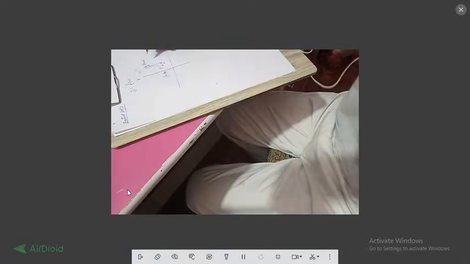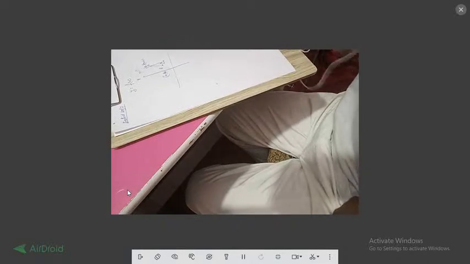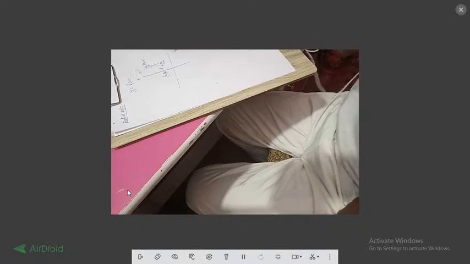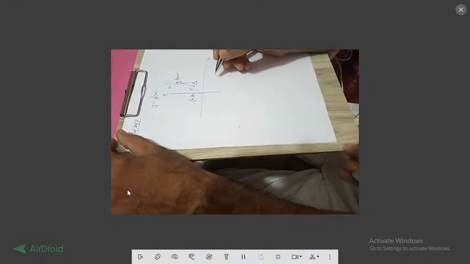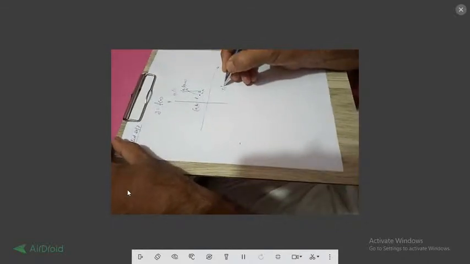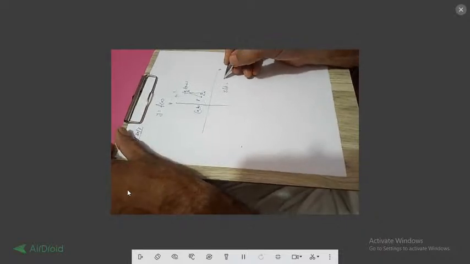Now we find out the slope. The slope of the chord PQ is equal to QM oblique PM.